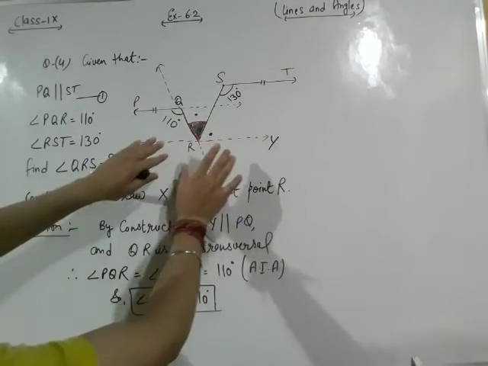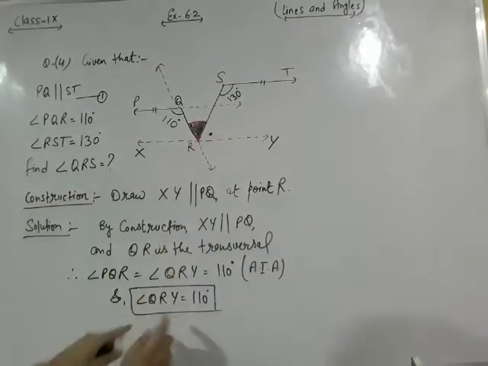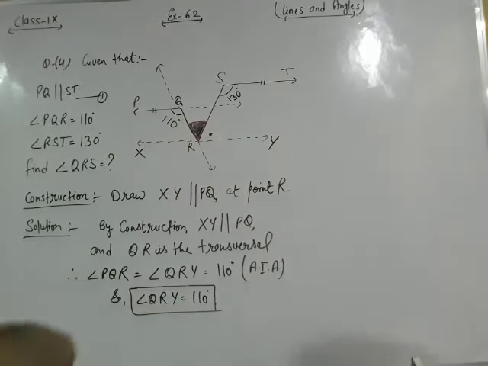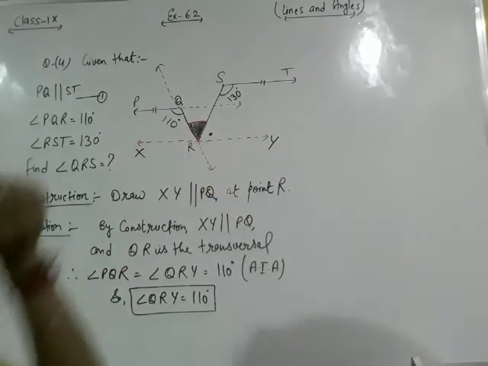If we subtract angle SRY from angle QRY, then we will get angle QRS. How? Just have some patience. Within a few minutes we will find the solution. Now, we know that XY is parallel to PQ.